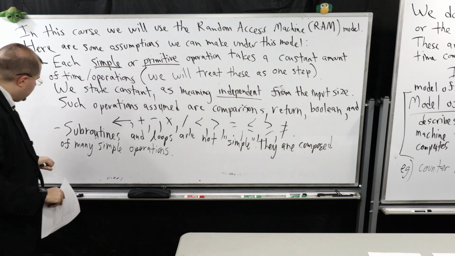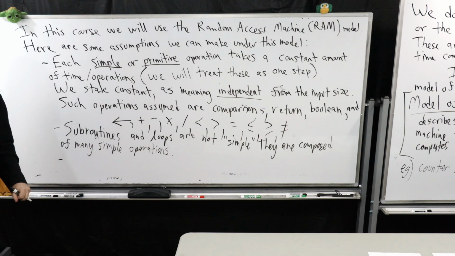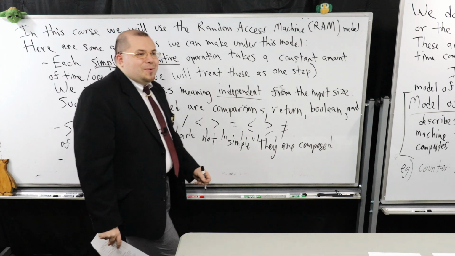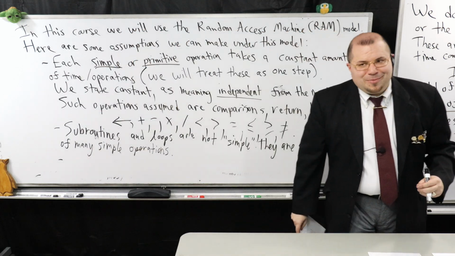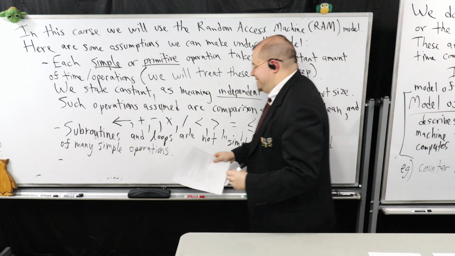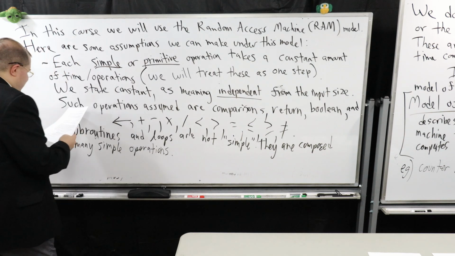And the last thing: remember I told you that one issue with our computer was that we could run out of memory? Well, with the RAM model, you never run out of memory. So that's the other thing I'm going to tell you.